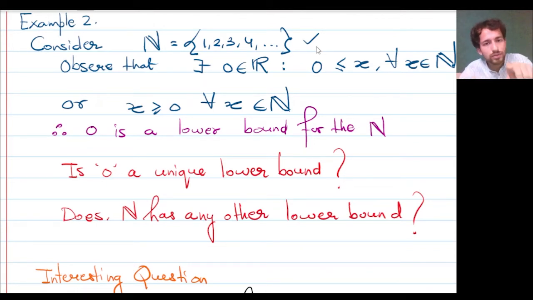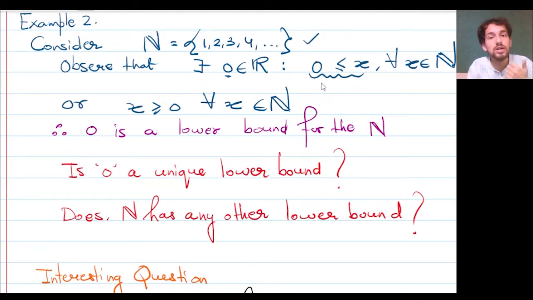So I have chosen 0 here. On the real line, 0 lies to the left of 1, so it is smaller than every natural number. So 0 is a lower bound. Of course, if you choose another number which is less than 1, that will also work as a lower bound. In particular, I have observed that 0 belongs to R such that this condition is satisfied.